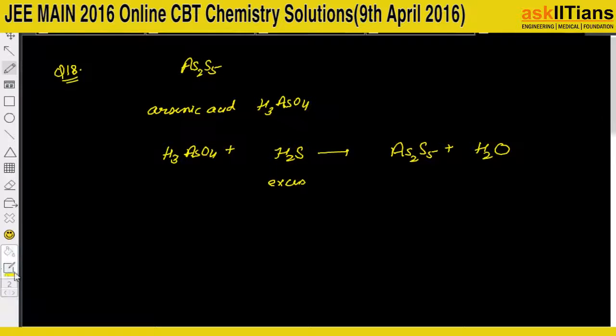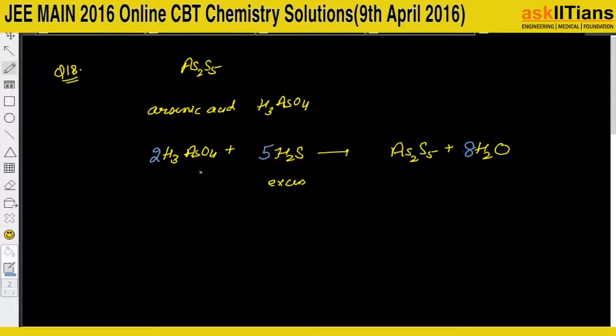But students, a very important thing to be kept in mind here is you need to balance the reaction. So if I ask you to balance the reaction, you will say 2 moles of arsenic acid will be reacting with 5 moles of H2S to form 1 mole of As2S5 and 8 moles of water will be produced in this case.